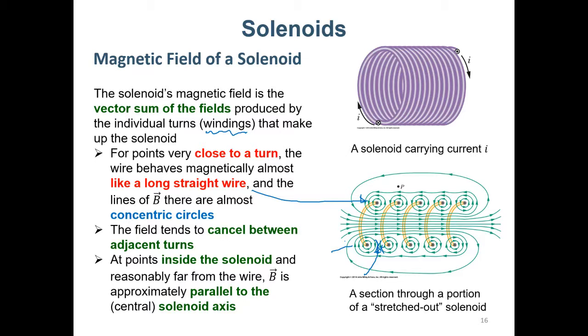At a point inside the solenoid and reasonably far away from the wire, B is approximately parallel to the solenoid axis, which means this way. This is what we call the solenoid axis, in this direction. This is a section through a portion of a stretched out solenoid.